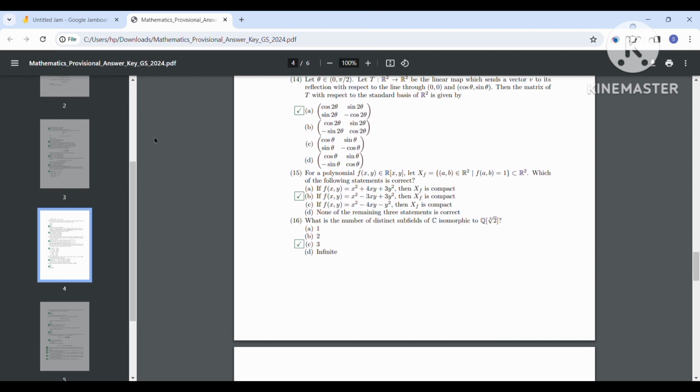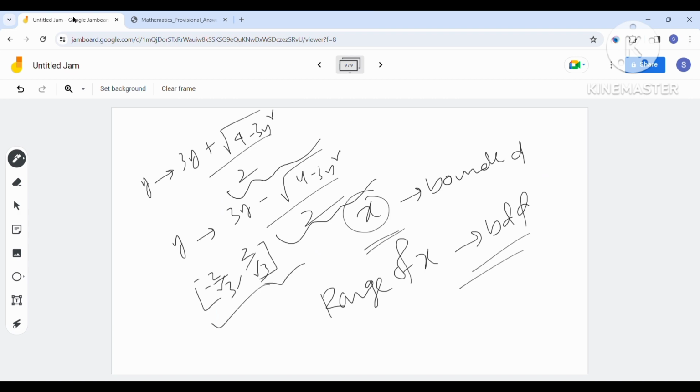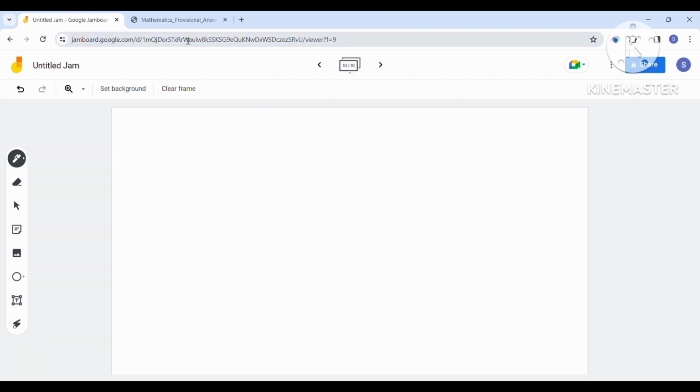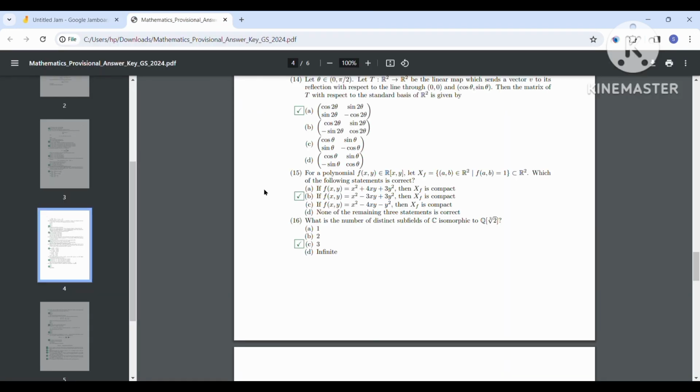Okay, let us now come to problem number 16. The problem says: what is the number of distinct subfields of C isomorphic to Q adjoined cube root of 2?